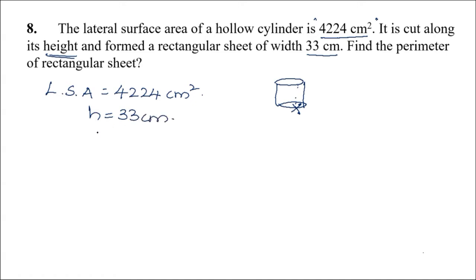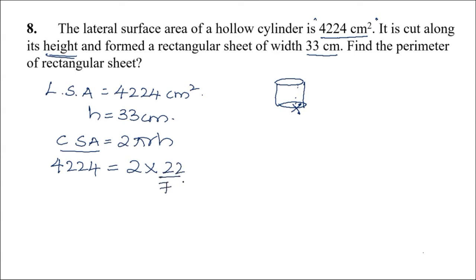Let r be the radius. So we know that the curved surface area is 2 pi rh. This curved surface area is the same as the lateral surface area. So let me take this as 4224 centimeters square, which is equal to 2 into 22 upon 7 into the radius r into 33.